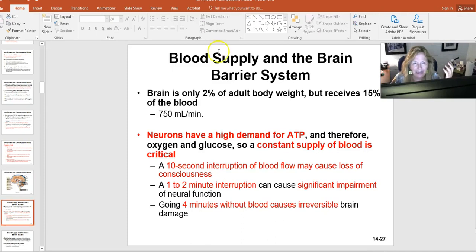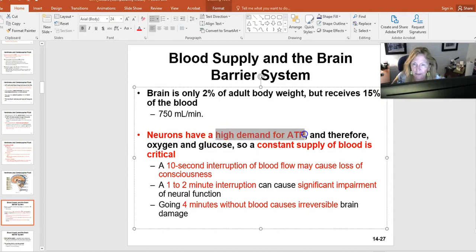So when we think about blood supply to the brain, because so far we haven't really mentioned the blood supply and the nutrients that are being brought, actually the brain, you can think of it as being a greedy organ. It has a high demand for ATP.